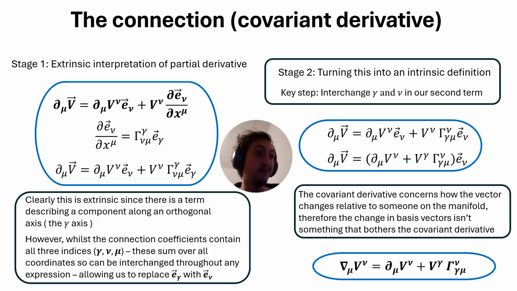The main thing is our final expression, and to emphasise, this final expression is essentially describing how the vector would appear to change for somebody moving along with the vector on the manifold. So this covariant derivative really encapsulates how the vector intrinsically changes, and it's this kind of change that we're interested in in general relativity.